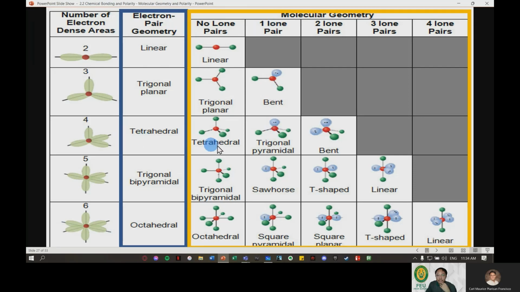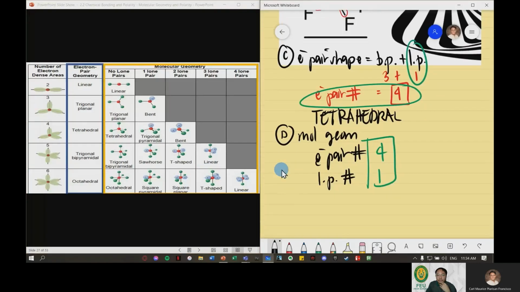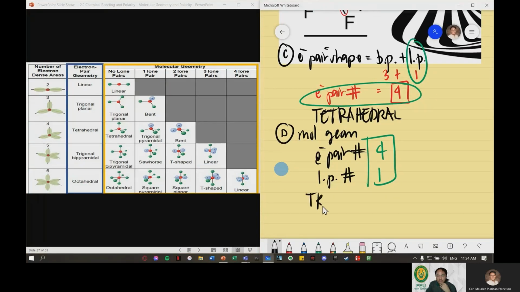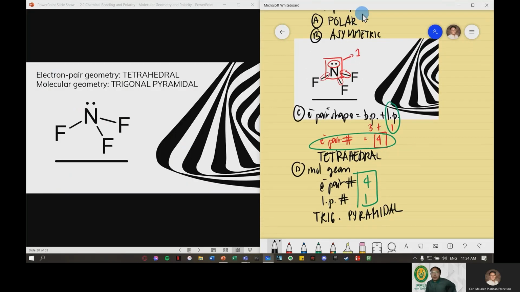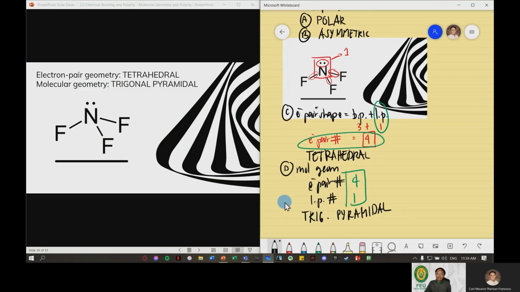They are now intersecting here in trigonal pyramidal shape molecular geometry. So my answer would be trigonal pyramidal. Okay, with that said, this is your answers. Polar asymmetric, tetrahedral E-pair shape, and trigonal pyramidal molecular geometry. So hopefully that was understood.